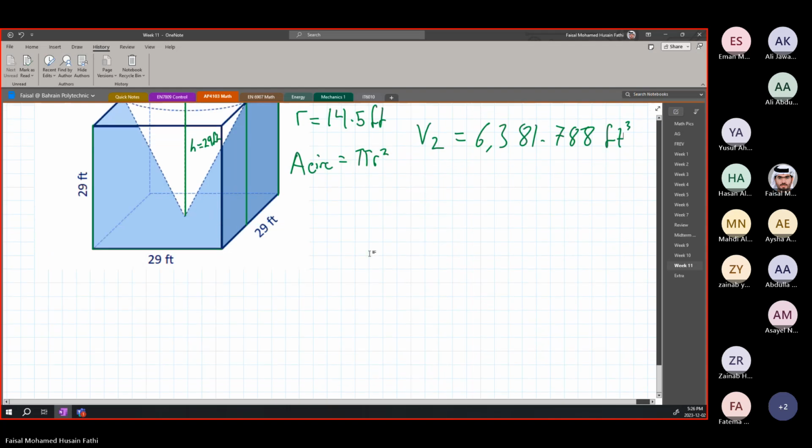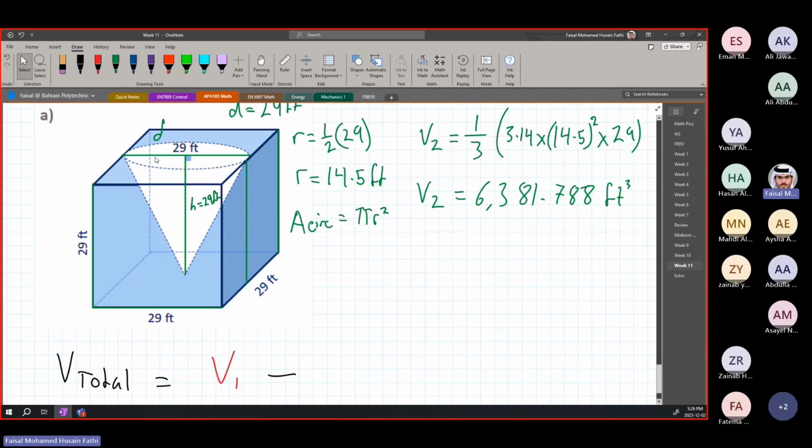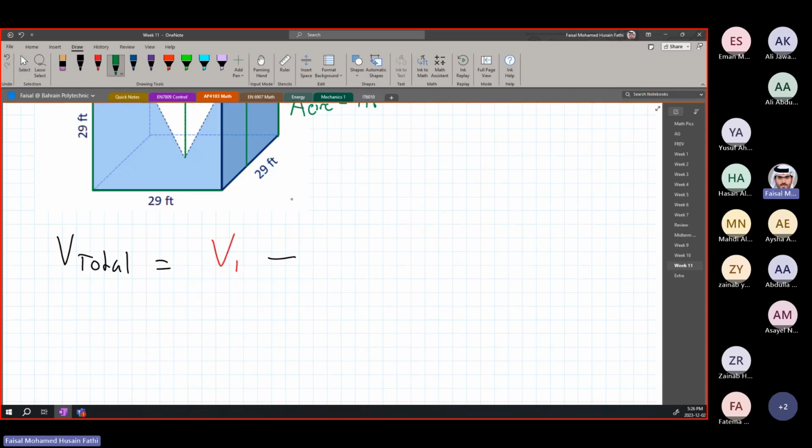Now, what do we need to do? We need to find V total. V total in this case is going to be equal to V1 minus the removed shape, the white shape, which is the shape of the cone, V2. So in other words, what is V1?